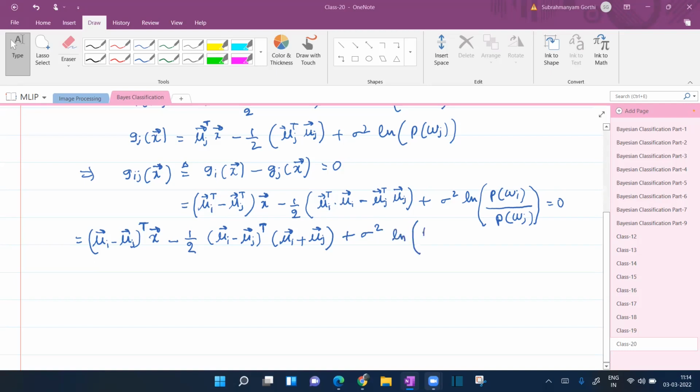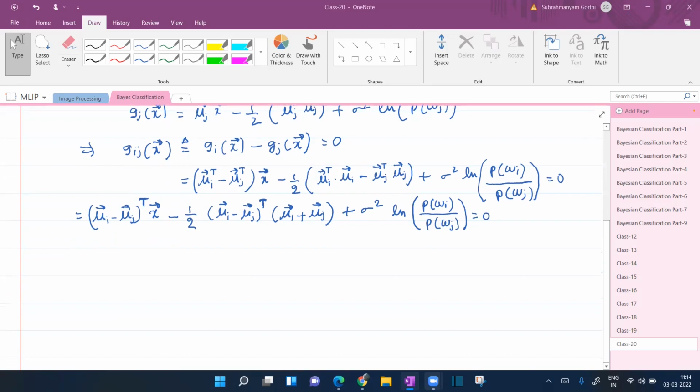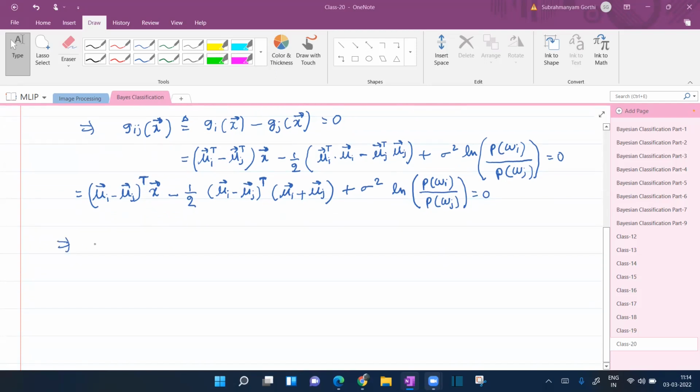Into sigma square into natural logarithm of probability of omega i over probability of omega j equal to 0. Now what will I do? That implies your g_ij of x bar is equal to, I will take this mu i bar minus mu j bar whole transpose outside, common for all the terms.